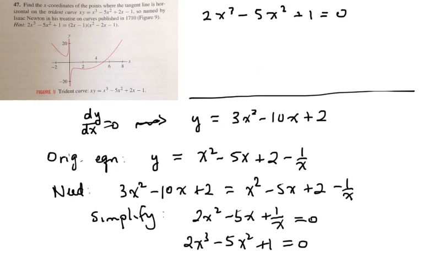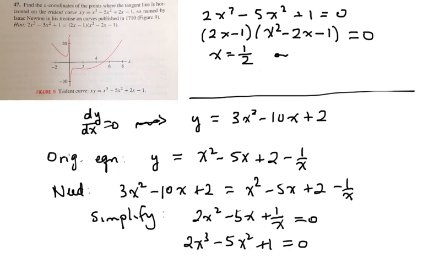And they actually give us a hint. They say this left-hand side, this polynomial, is 2x minus 1 times x squared minus 2x minus 1. That's equal to 0. So from the first term, we know x is 1/2, or x is a solution to x squared minus 2x minus 1 equals 0.